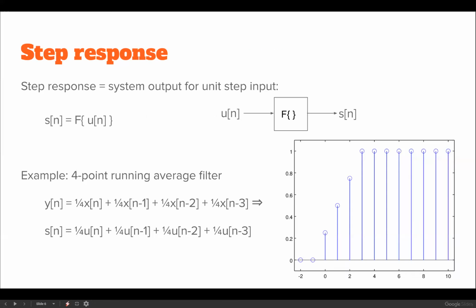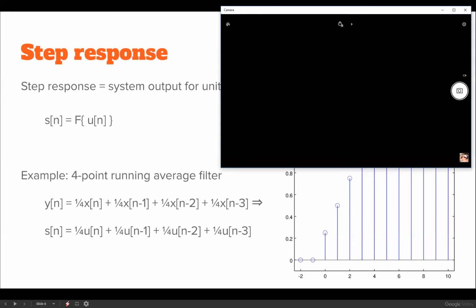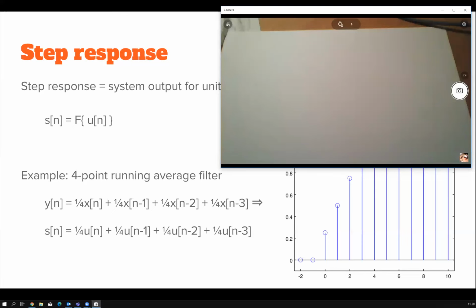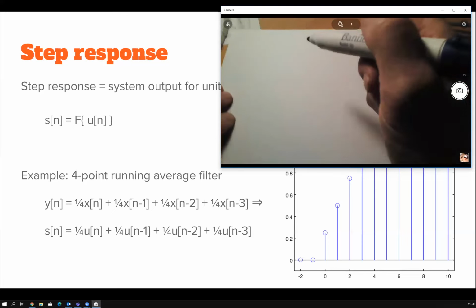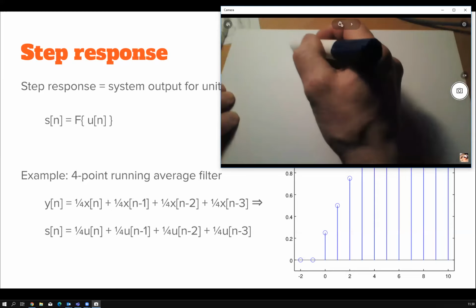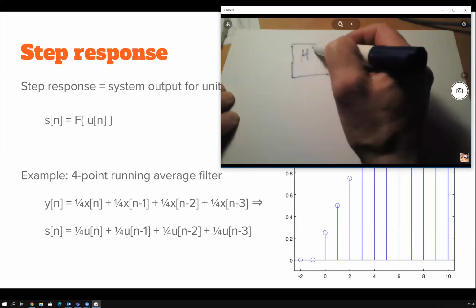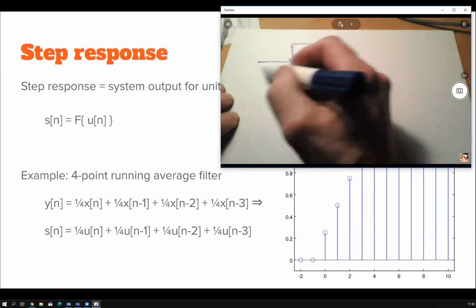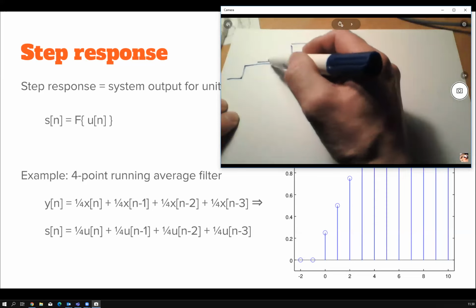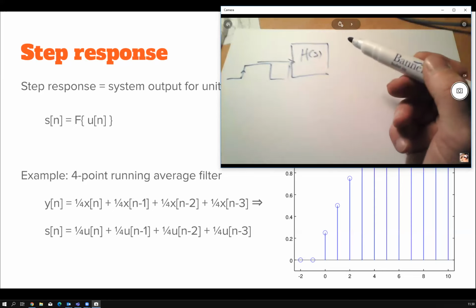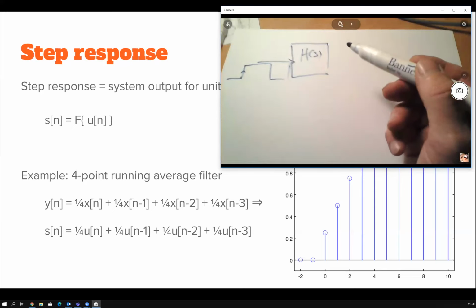Just a brief note on stuff I will be explaining more next week. I need thicker paper maybe, or a real whiteboard here. But anyway, think of any analog system which is defined by H of s, and you have a function generator and you run basically a step, meaning square wave input.